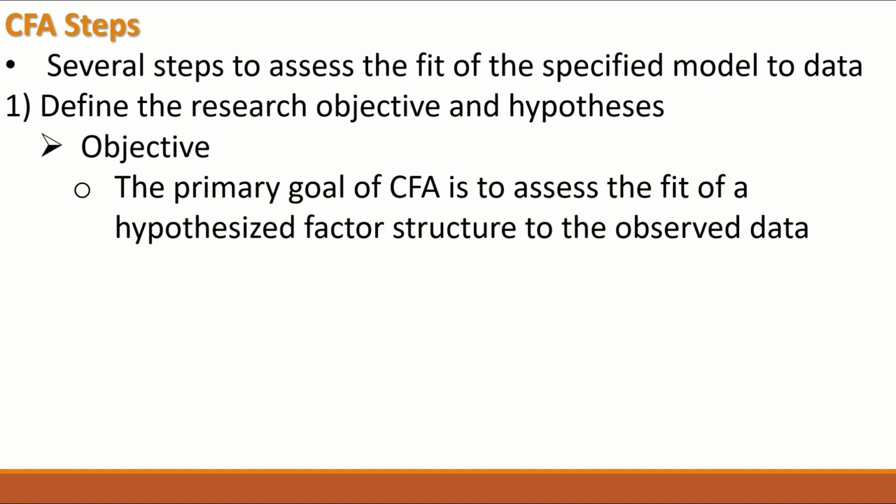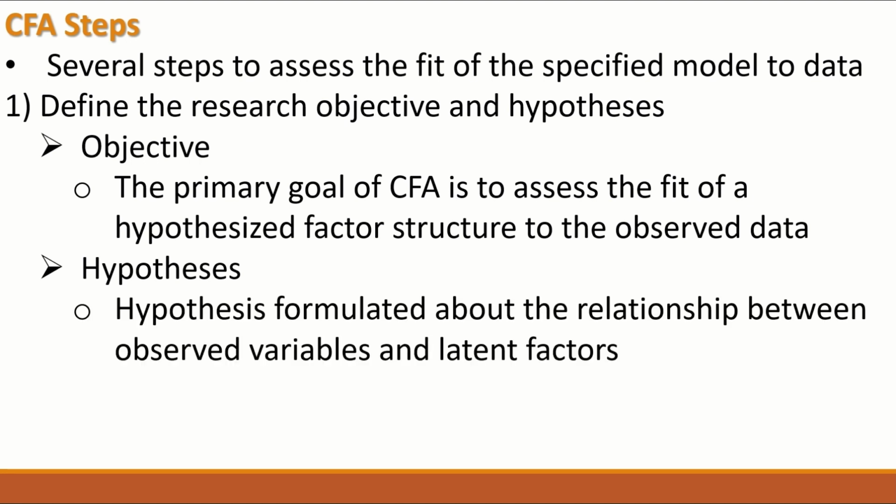The objective is the primary goal of CFA, to assess the fit of the hypothesized factor structure or model to the observed, measurable, or obtained data, a new set of data. The hypothesis is formulated about the relationship between observed variables and latent factors. How many factors are there? Which items associate with which factor and load to that factor?